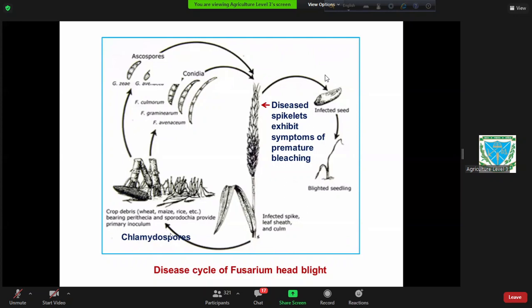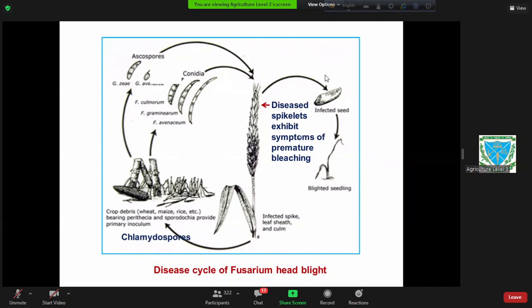One, the chlamydospore germinate and produce conidia, and another is they produce ascospore from this resting structure, perithecia. And either ascospores or conidia can infect the wheat plants and produce the premature bleaching of the heads.